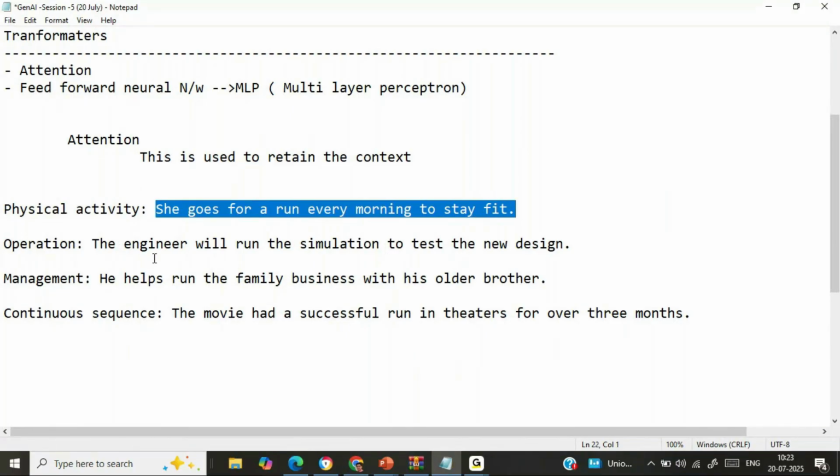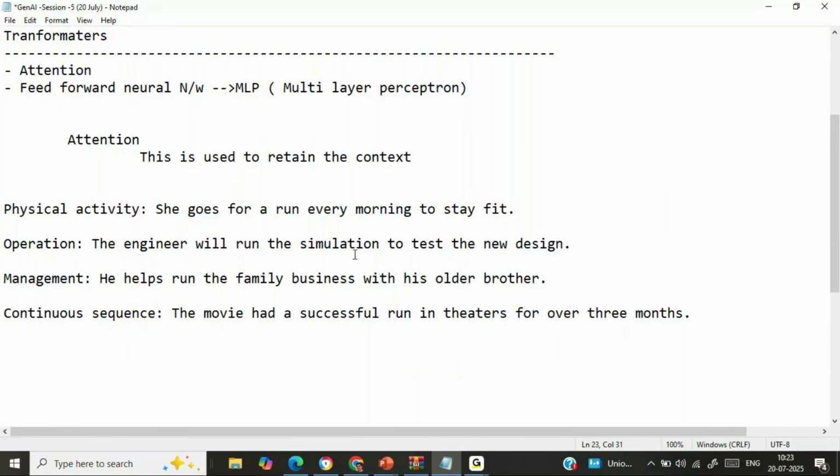Operation: the engineer will run the simulation to test the new design. Management: he helps run the family business with his older brother. Continuous sequence: the movie had a successful run in the theaters for over 3 months.